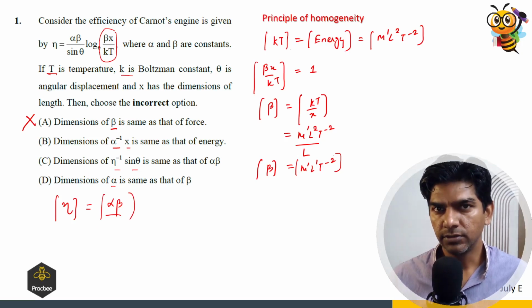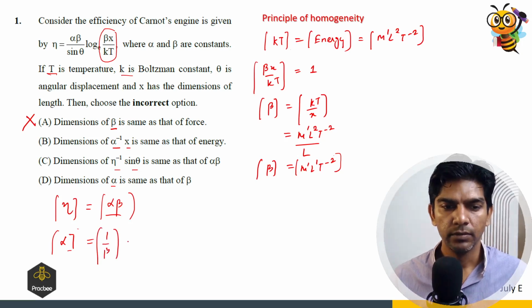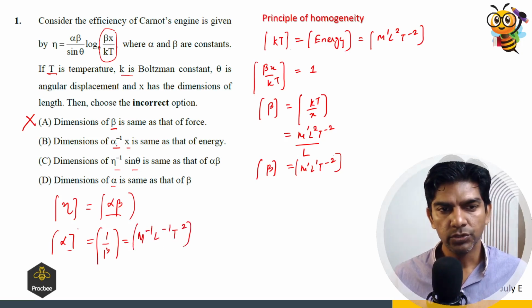Again, efficiency is dimensionless, so the dimension of alpha will be the same as the dimension of 1 by beta, which is M raised to power minus 1, L raised to power minus 1, T raised to power 2. So the dimension of alpha raised to power minus 1 is the same as beta, right?